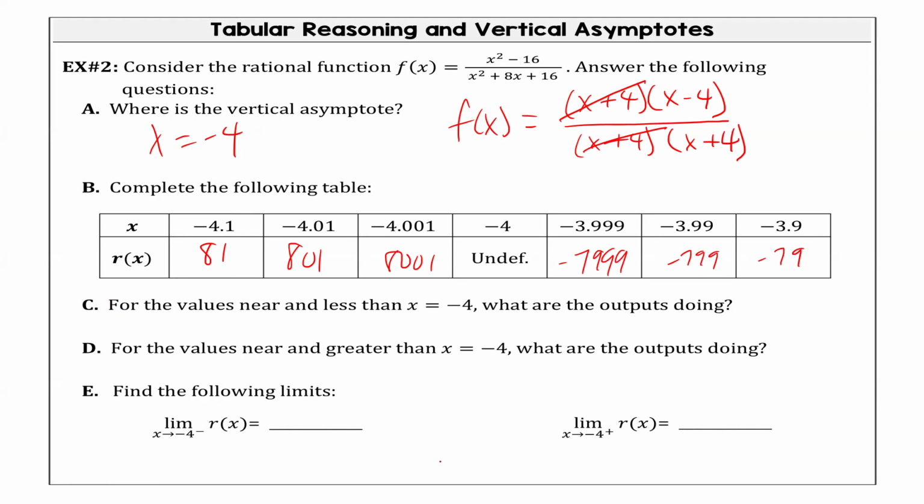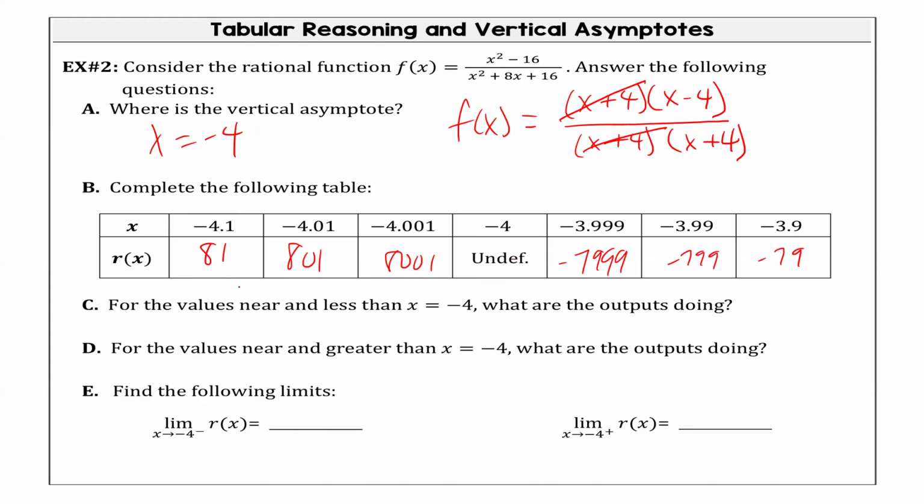So we're reading this for the values near and less than x equals negative 4. What are their outputs doing? Less than negative 4 is going this way, right?